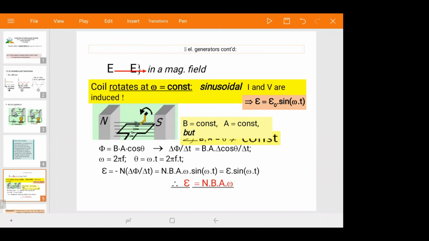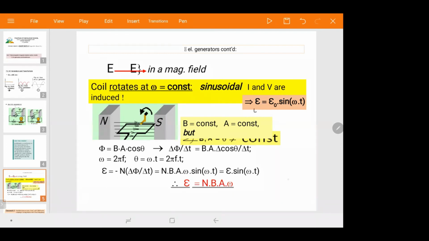If you turn a coil in a magnetic field at a constant angular speed, you get a sinusoidal current induced, a sinusoidal voltage as well. If it's sinusoidal, then you write down the voltage is equal to epsilon 0, the peak voltage, times sine of omega times t. Omega is angular speed and t is time.